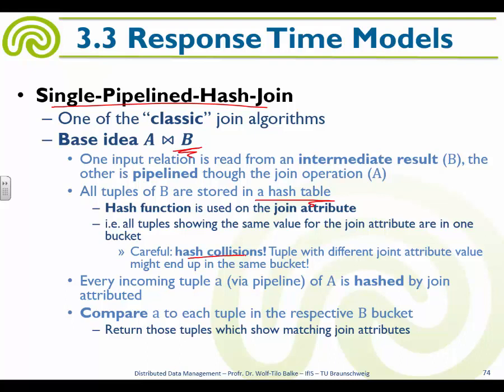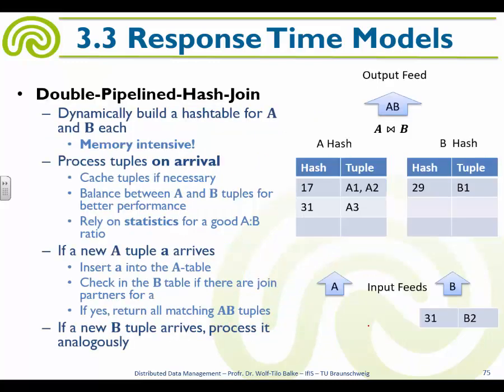Still, you might have false positives because there may be hash collisions, but we can deal with a false positive when it occurs. Okay, so every incoming tuple via a pipeline is hashed by the join, and then we compare each tuple to the respective B bucket, and those that match can be returned, right? And those that do not match are thrown out. We don't need them anymore.